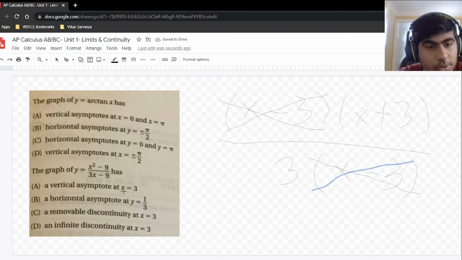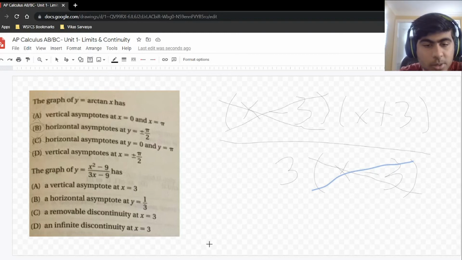Now let's look at our answer choices. At x equals 3, do we have a vertical asymptote? Well, when we have x minus 3 in the denominator, we usually have a vertical asymptote. But here we don't, because here we also have an x minus 3 term in the numerator. So when we cancel these out, we just get x plus 3 over 3.